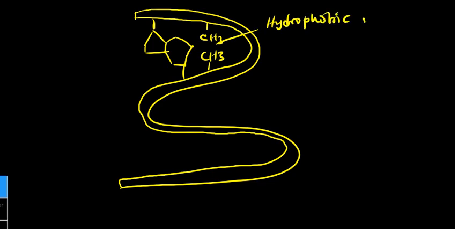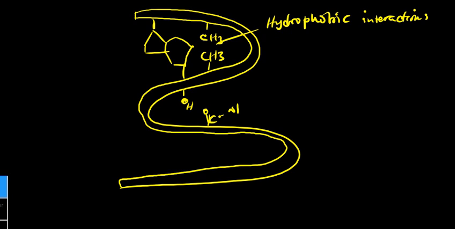Hydrophobic interactions. Then here we can have amino acids such as an amino acid that has an OH group here. Then we have another amino acid that may have something like this. Yeah, so here they form a hydrogen bond.